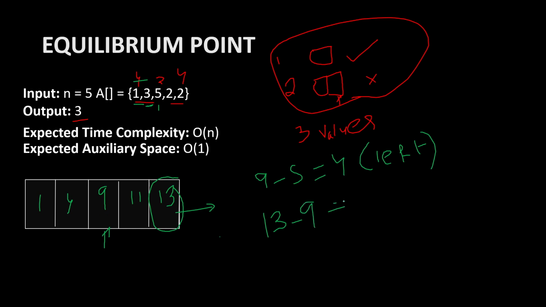This will be the right side part. Why the right side? Because 9 is the summation up to this part on the left side. So if you subtract the left value from the total value, we are left with the right side value only, right? Total value minus left side value is always the right side value.